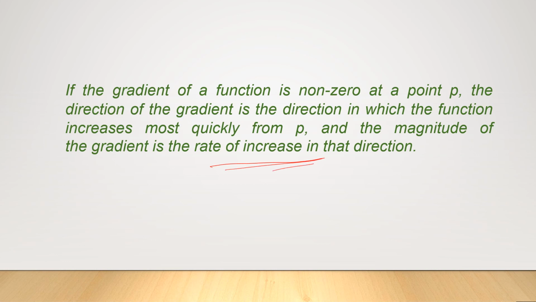As I have already told, if you move along any other direction, you will have lesser change in the field. If you move along the gradient direction only, you will have maximum change in the field.